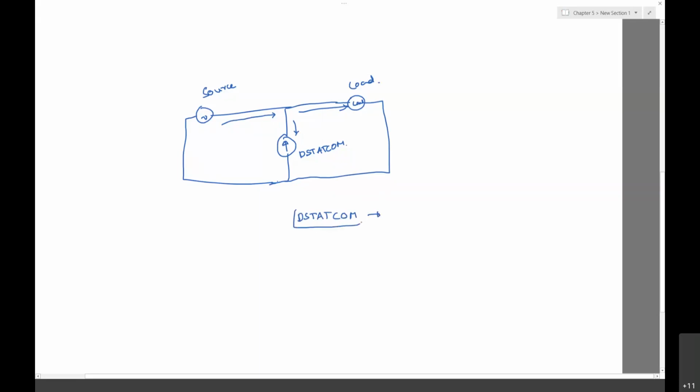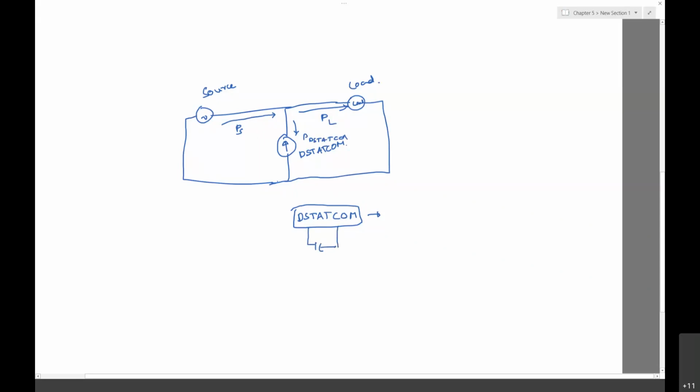One thing is, the source is delivering the active power. Maybe I have just given active power for the time being, to the PL load and to the DSTATCOM also. Why? Because the DSTATCOM is having a capacitor over here.